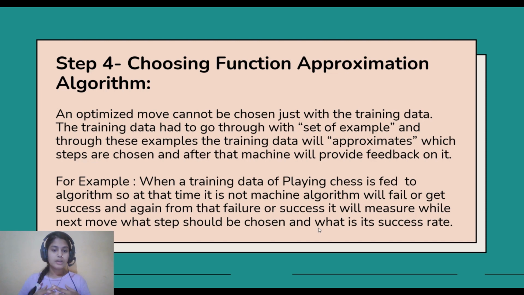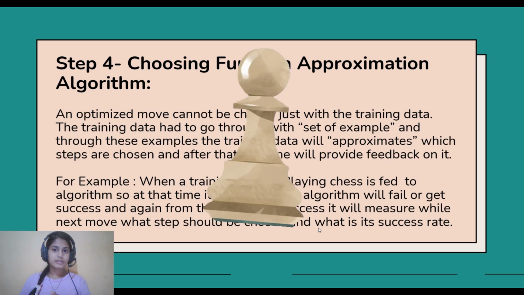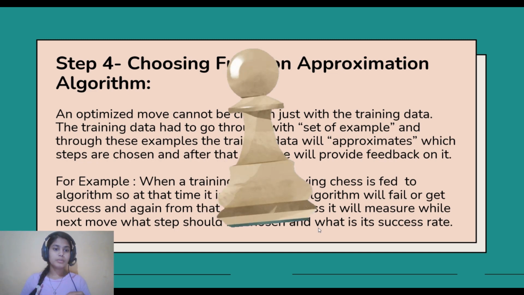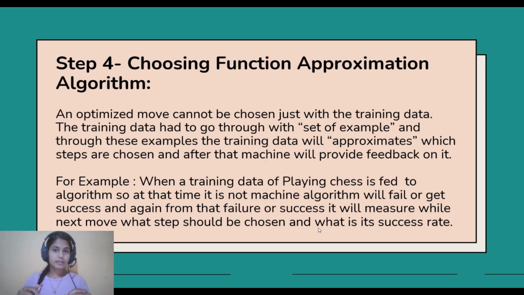So now let's say it is the machine's chance to take the step. Now it took a forward step. But because of this step the opponent is able to defeat the machine. Now, according to this output, it will give feedback to the machine learning model that see, you took this step and because of this you failed.